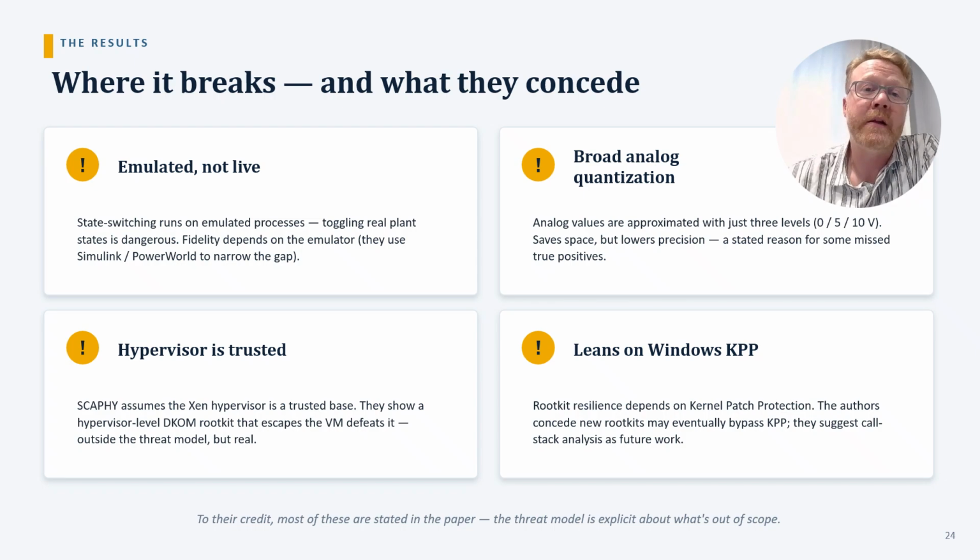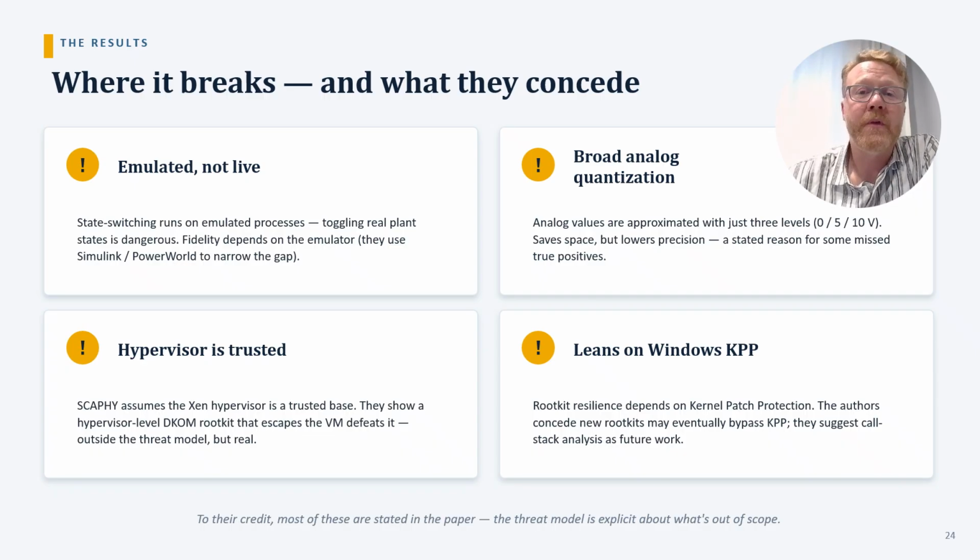Number two, the analog signals are quantized to 3 broad levels, which cost some precision. The paper calls this out as a deliberate trade-off, not an oversight. So quantizing to these 3 levels impacts the score, but saves space, i.e. fewer states per element, fewer simulations, less memory, faster analysis.